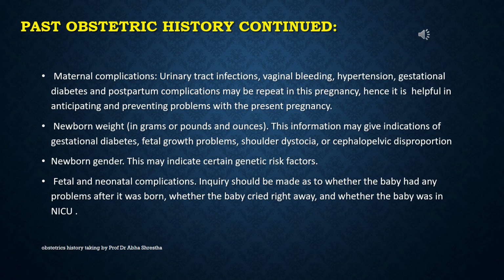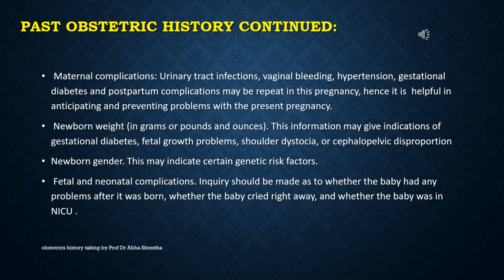And we should also ask whether the baby was stuck, whether the baby had a problem with the shoulder, with the hands, because that gives us an idea if there had been a shoulder dystocia in the previous pregnancy, or cephalopelvic disproportion.